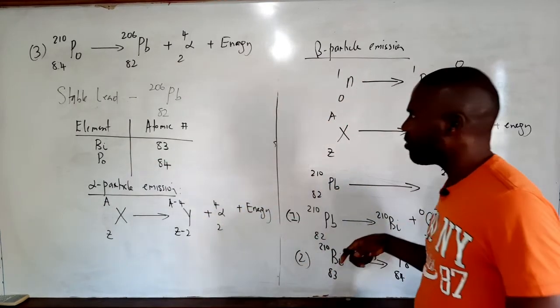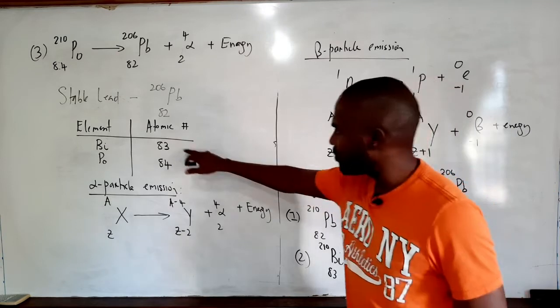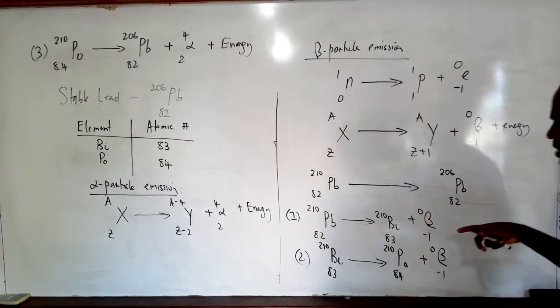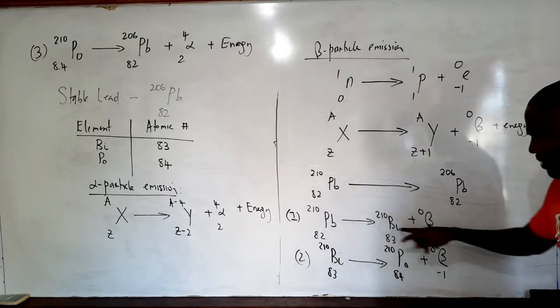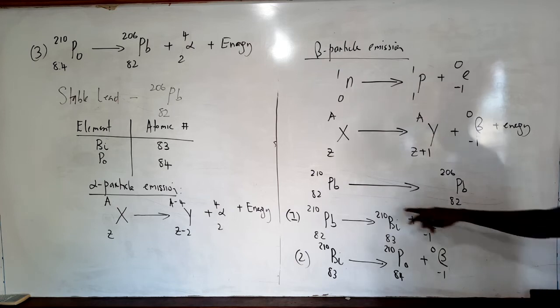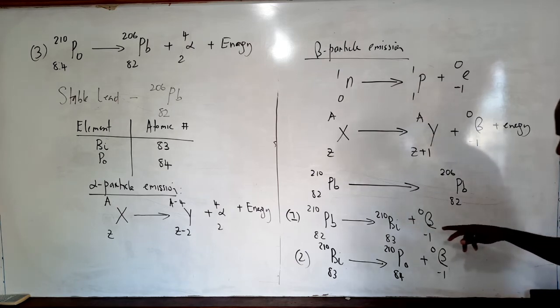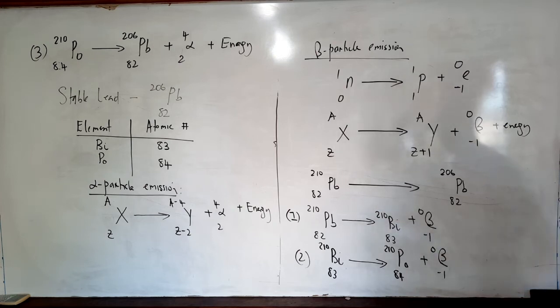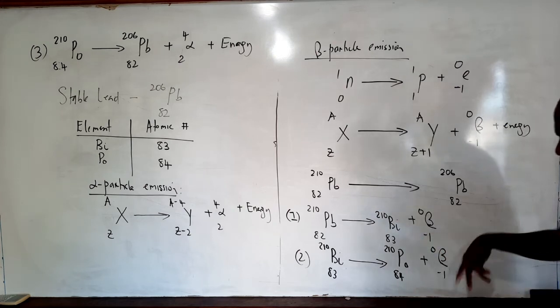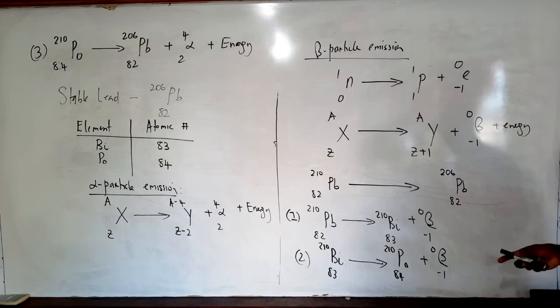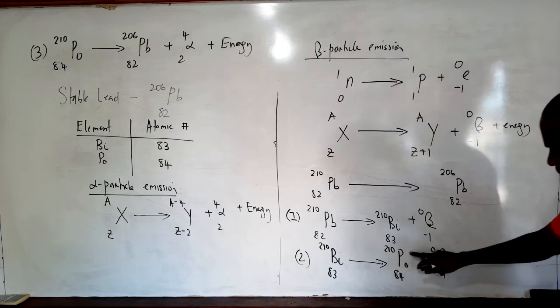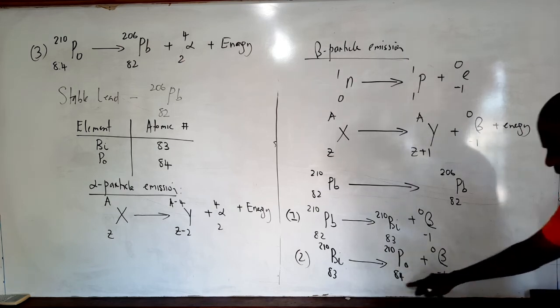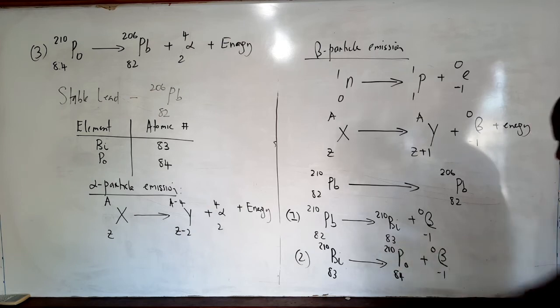So to go from unstable lead to bismuth, unstable lead had to emit a beta particle. By emitting a beta particle, the proton number increased by 1 and the mass number remained the same. Bismuth would then have to undergo beta particle emission to produce polonium with a proton number of 84 and a mass number of 210.